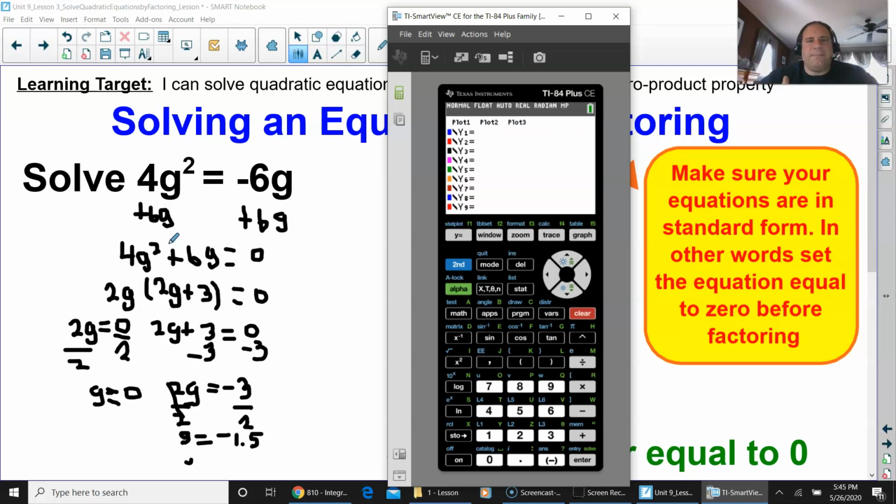You can't just say, oh, I'm solving it using the calculator. No, you have to show at least this part right here, and then you're getting to that point. So you have 4g, which is x squared, plus 6x. And now you could go ahead and press graph.